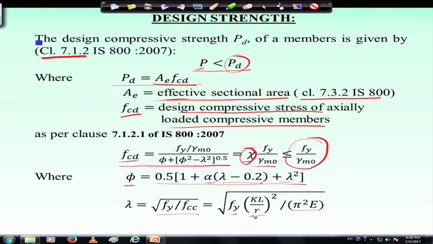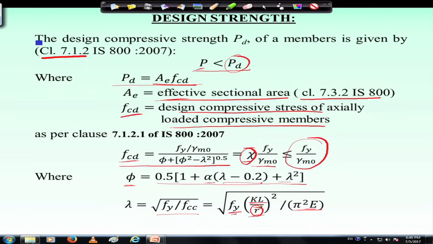Lambda here means k l by r, with radius of gyration. So, lambda square is F y into k l by r whole square by pi square E. Here k is the effective length factor. Basically k l means the effective length and r is the radius of gyration. F y is the yield strength of the member and E is the modulus of elasticity of the material.